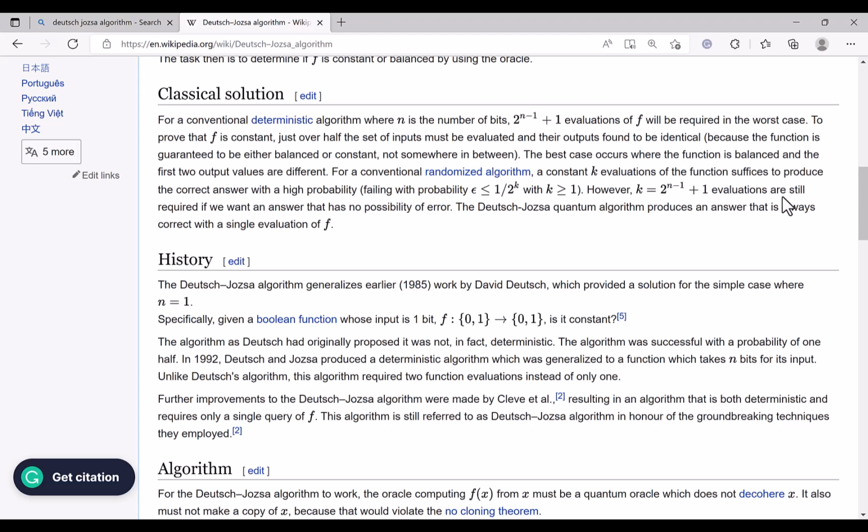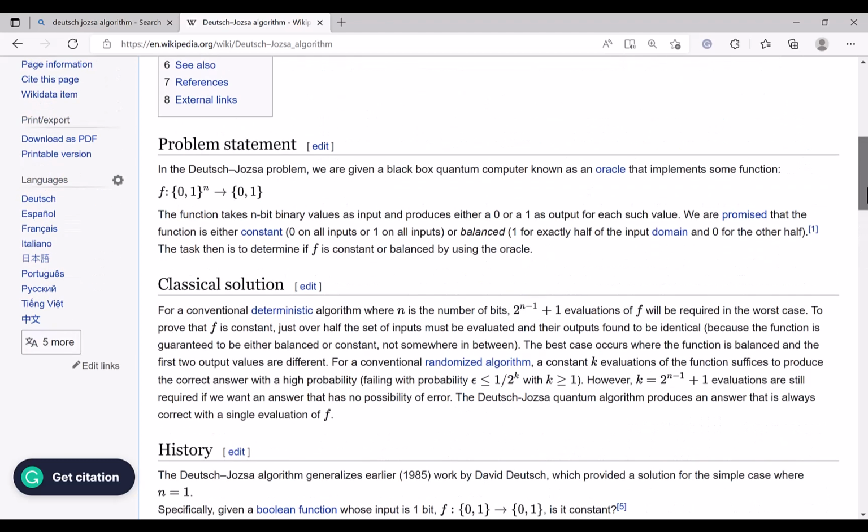It doesn't say. Yeah, actually 1 qubit, I'm wrong. So the output is only one in Deutsch-Jozsa. Yeah, so I said it wrong. The input can be n qubits, n bits, and the output is 0 or 1. Okay, good question. So I'm wrong.